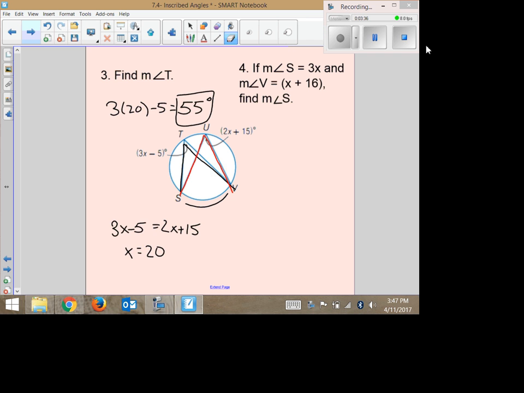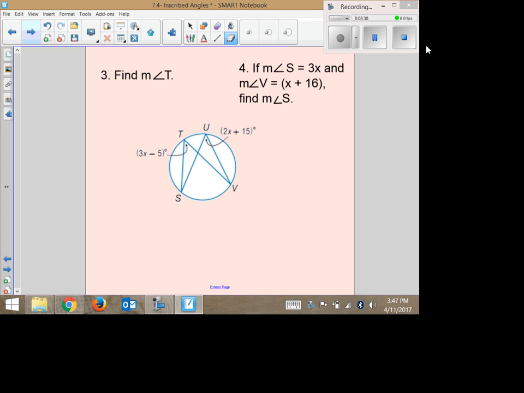All right, let's do number 4 now. So now we have that the measure of angle S, that angle right there, is 3x. And then we have that the measure of angle V is x plus 16.